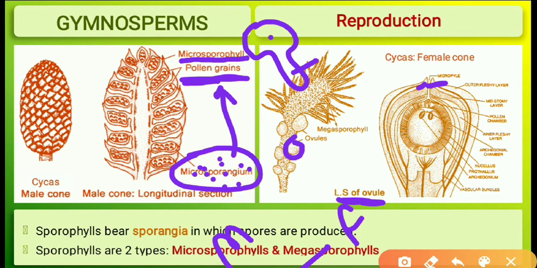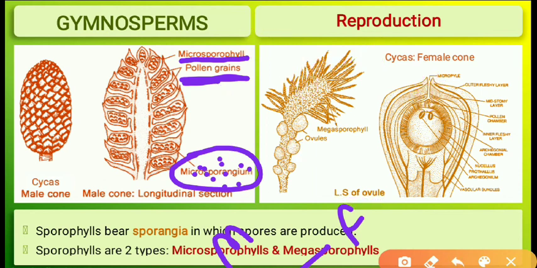The micropyle will provide the entry of this pollen tube into this ovule. When it enters into this ovule, this entry of male gamete by pollen tube into the ovule is called siphonogamous fertilization. Siphono means tube. Entry of the male gamete into the ovule through the pollen tube is called siphonogamy.